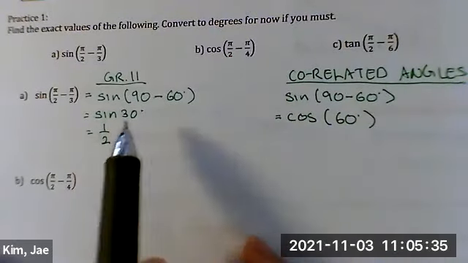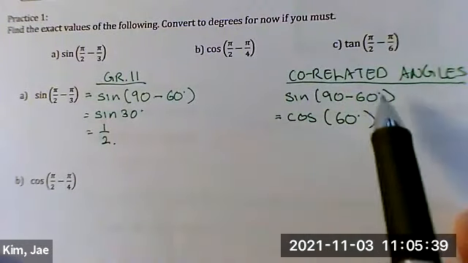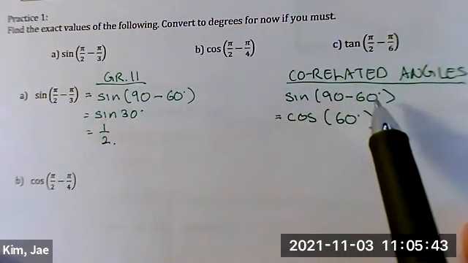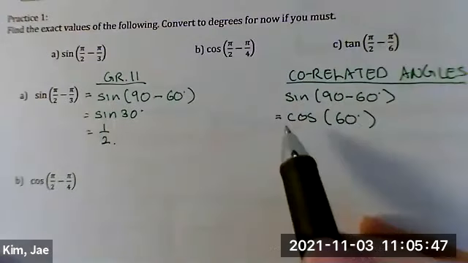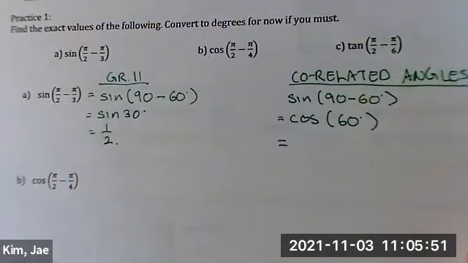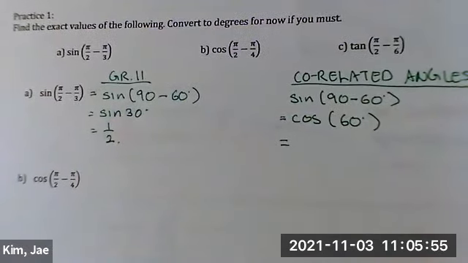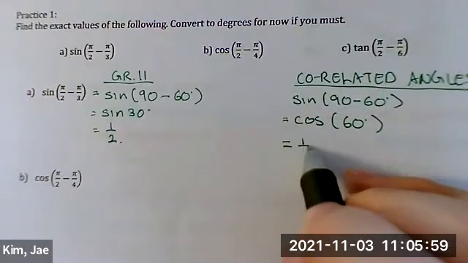Remember, sine of 30 and cosine of 60 are correlated. So if you see a difference of angles from 90 degrees, that's a clear indication that maybe it'd be easier if you convert to its correlated ratio. And cosine of 60 using special triangles is 1 over 2.